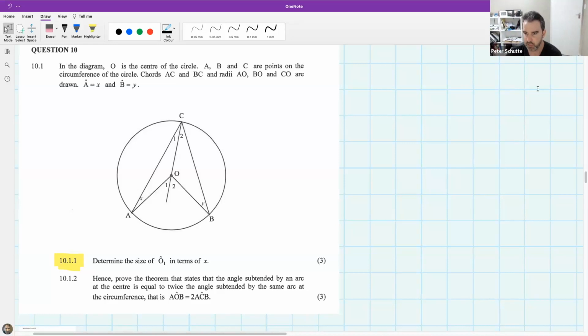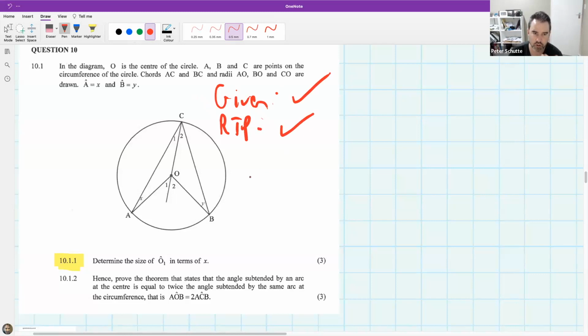Okay. But generally speaking, the exam normally gives you some of the structure. Like here, the given part is already there. And then what you are required to prove is also given to you in the question. In fact, in this one, they even do the construction for you already. So you start at the 4th step.